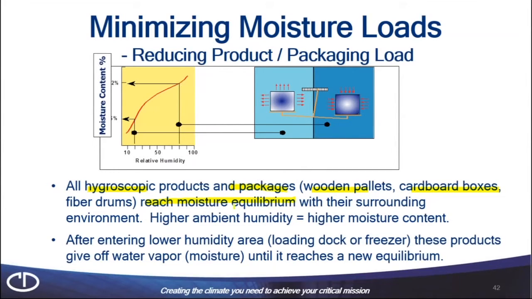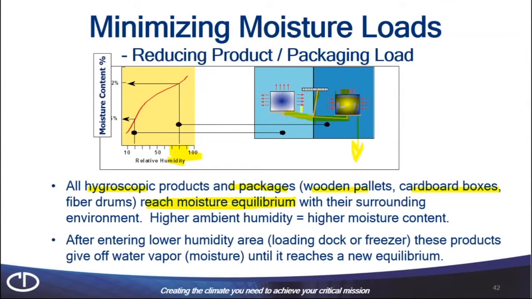So as you're in a high humidity situation, that is going to pick up moisture. This is supposed to be a scale over here. And you can see what we're trying to demonstrate is as that moisture comes into that packaging material, it is going to become heavier. It's going to be laden with moisture. So the higher the ambient humidity, the higher the moisture content.